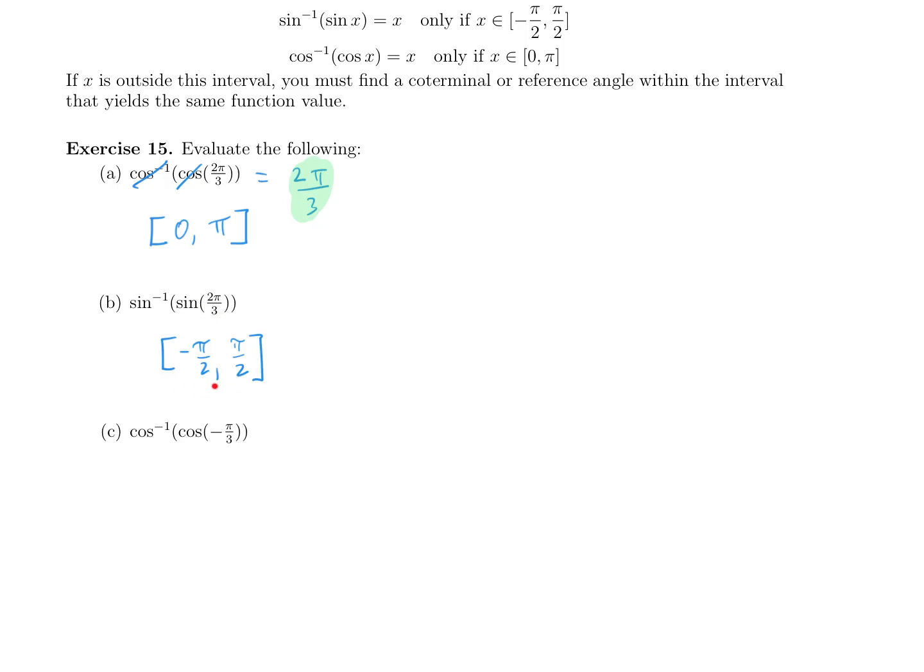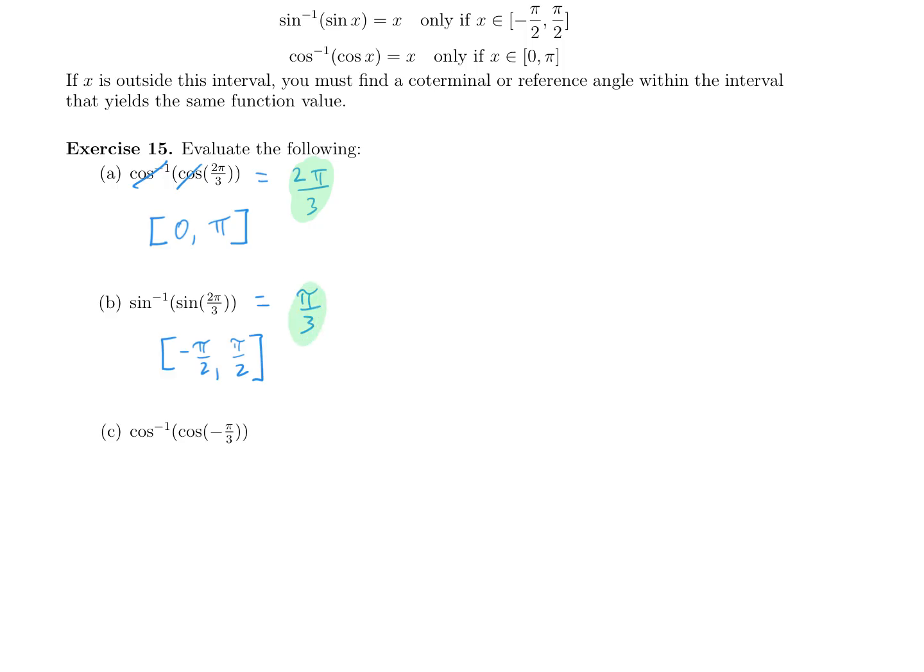So you have to find the angle that has the same sine value as sine of 2/3 pi. In this case, it's not so simple. You can't just cancel out the inverse sine and say the answer is 2/3 pi, because that's incorrect, since it's not in the domain. So this is the correct answer.